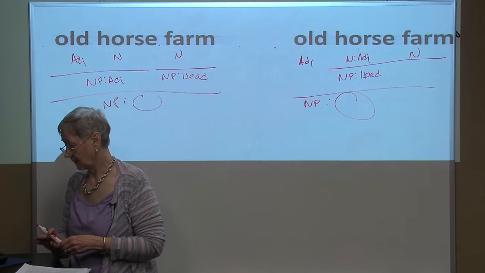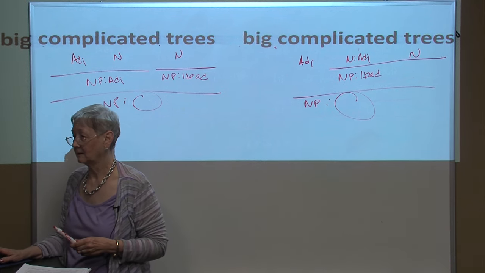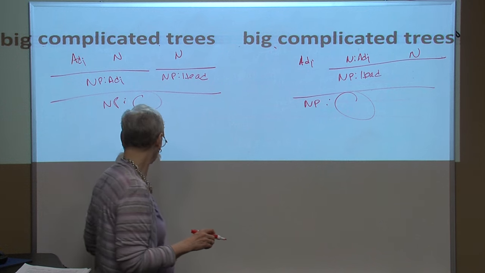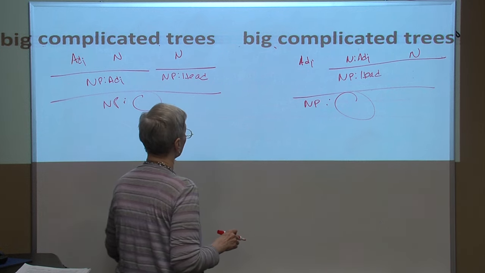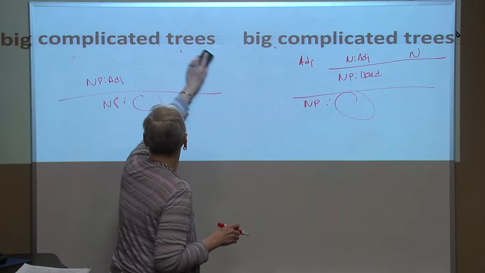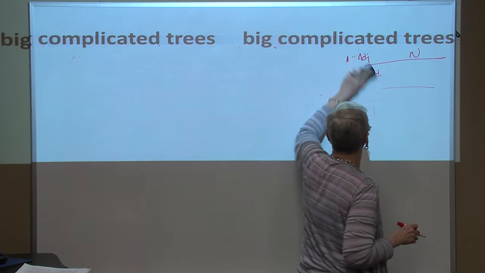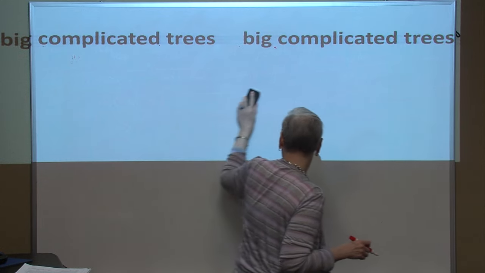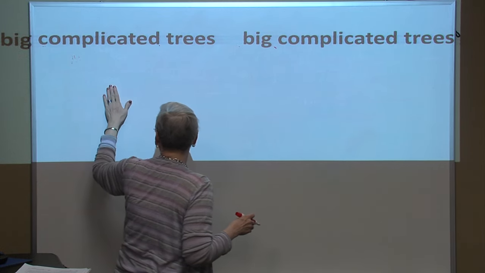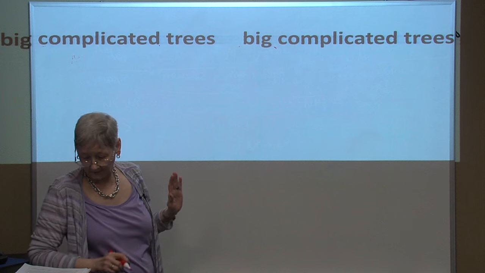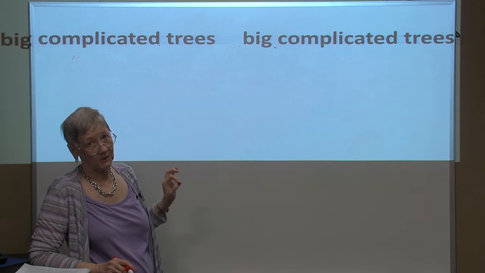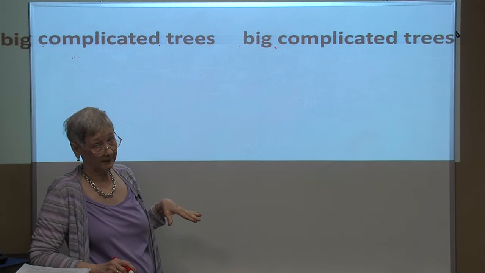The next phrase that we look at is big complicated trees. In the first one, there's a comma between big and complicated.